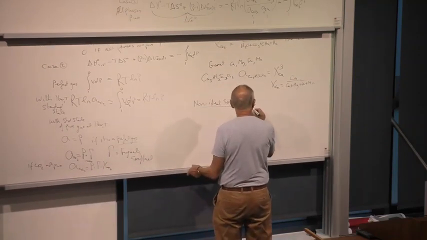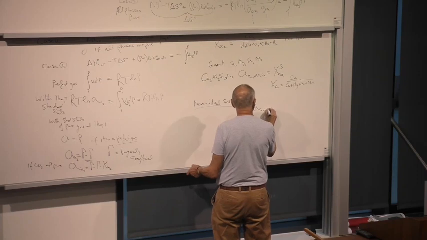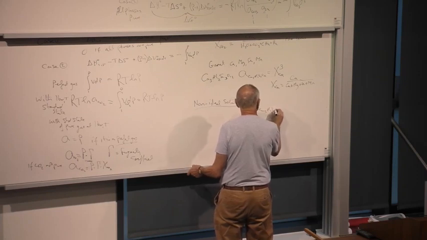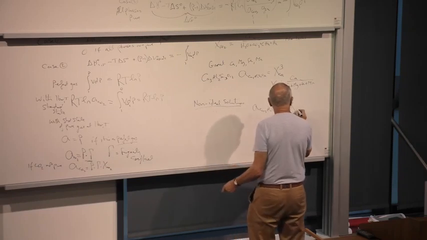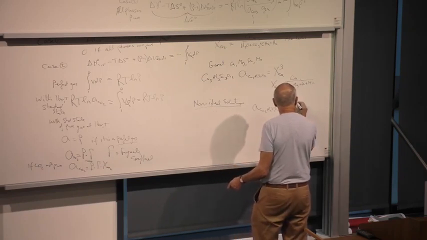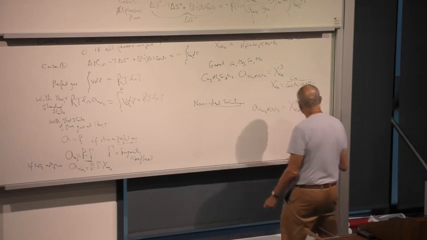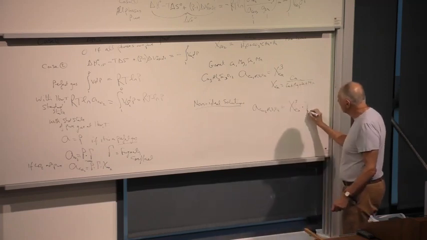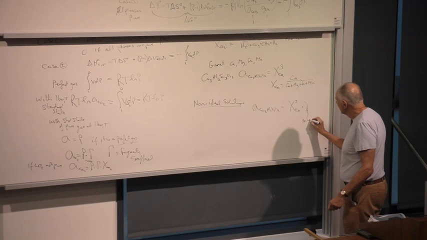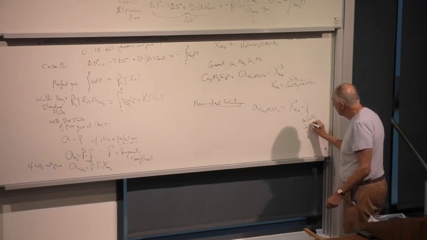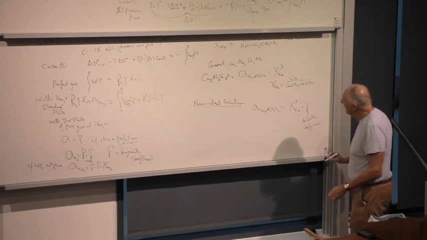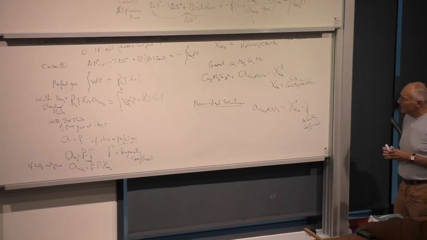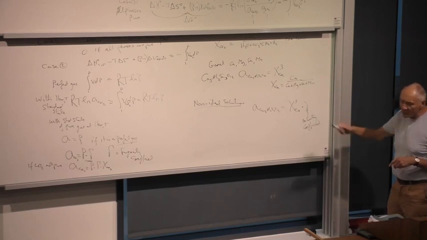So the activity is X_Ca cubed times some coefficient, call it the activity coefficient, and there's no way you can predict this from first principles.